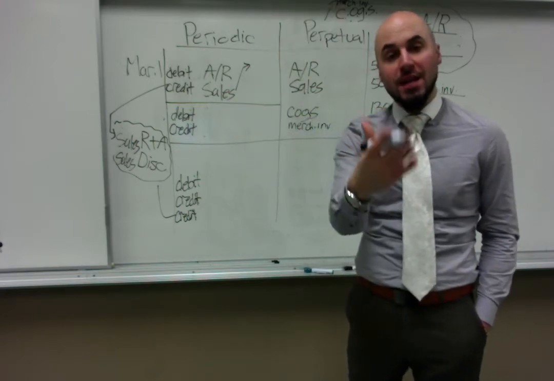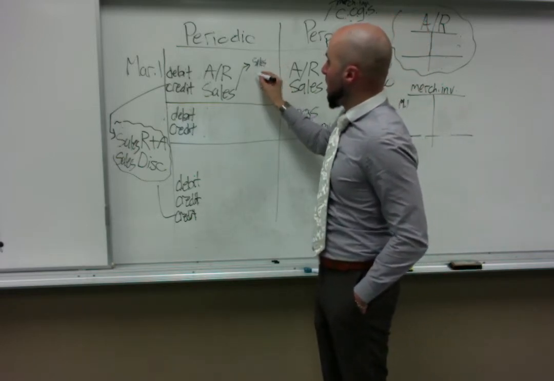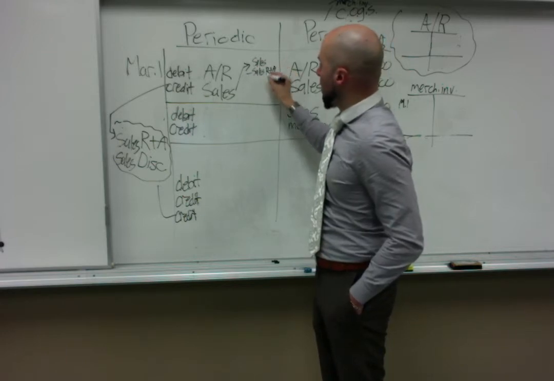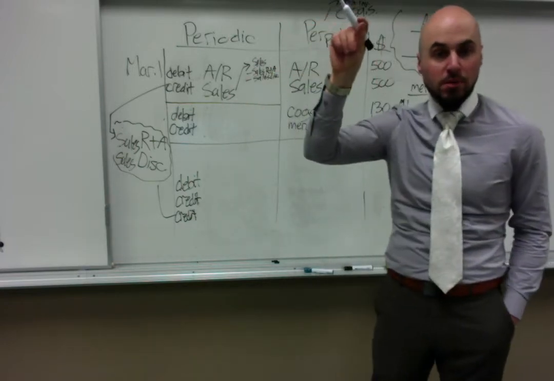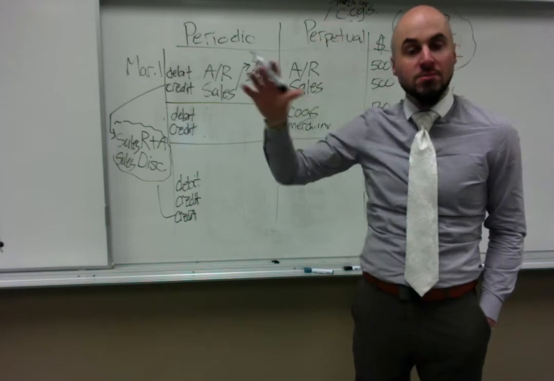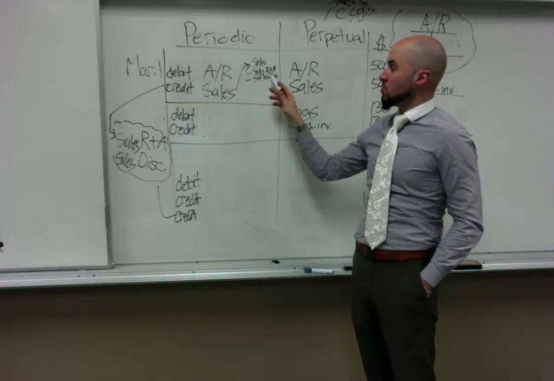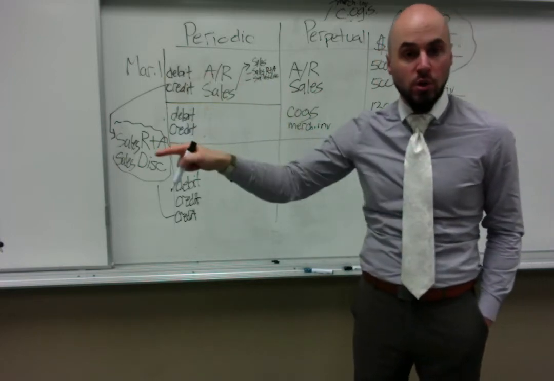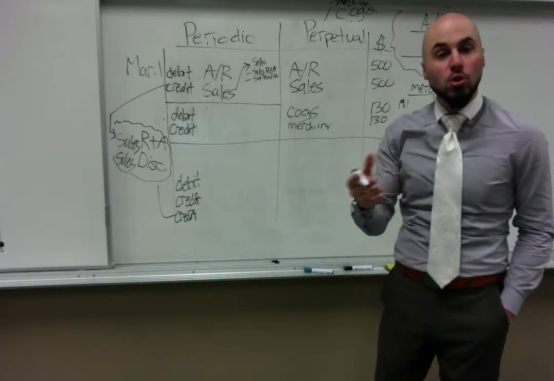And how do you calculate net sales? By taking sales minus sales returns and allowances minus sales discounts. All three of those will be listed at the top of the income statement. They're all income statement accounts. Sales is a revenue account. Sales returns and allowances and sales discounts are both contra revenue accounts because they decrease sales and therefore are natural debits.